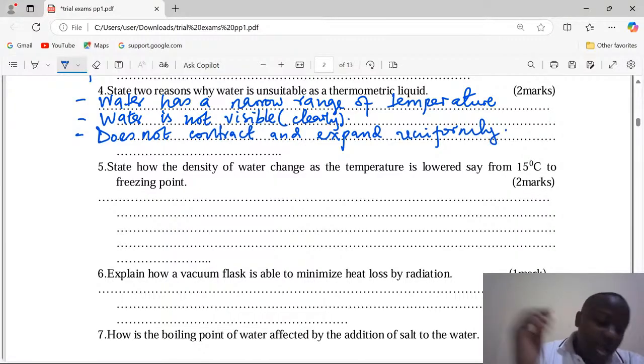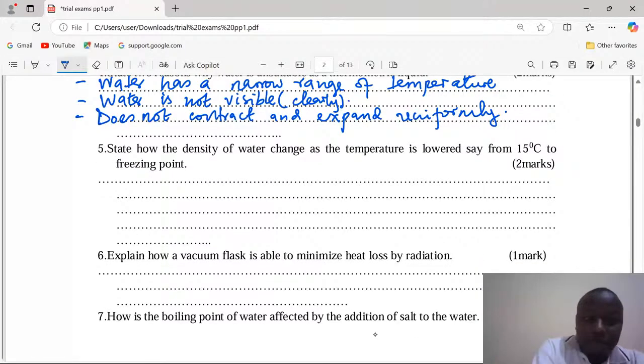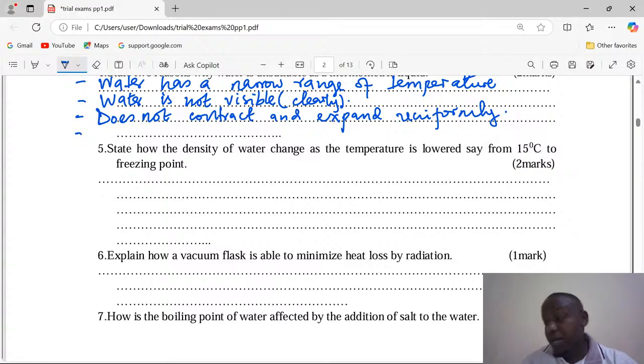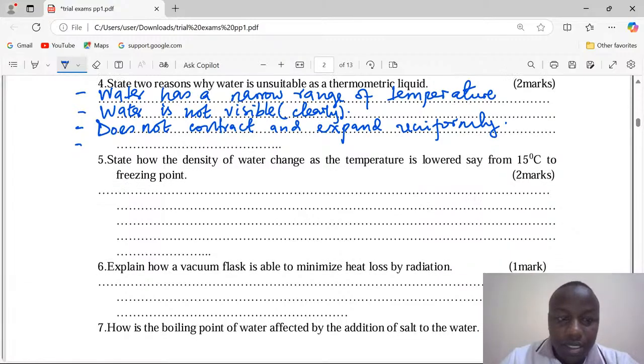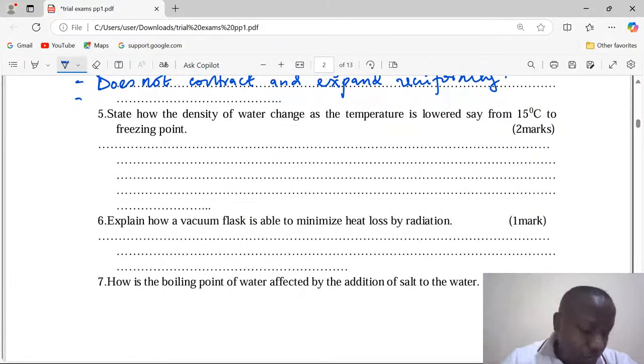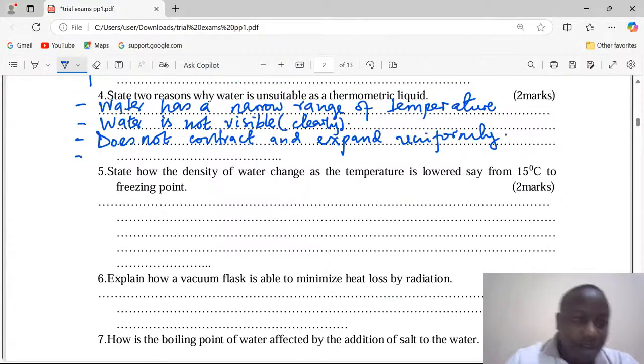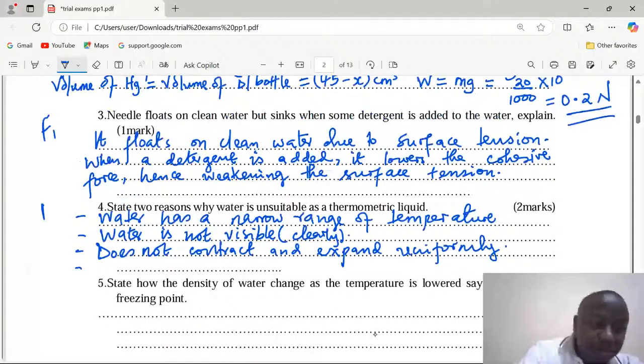We usually say that a good thermometric liquid is supposed to expand and contract uniformly, and many more, because a good thermometric liquid is not supposed to wet the glass, but water wets the glass due to its weak cohesion. So there are many properties, and you're supposed to be able to highlight them. That's again from one work.